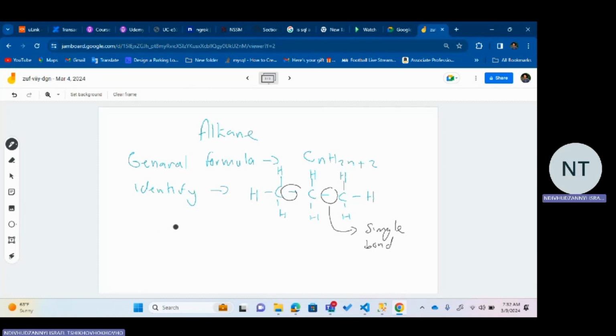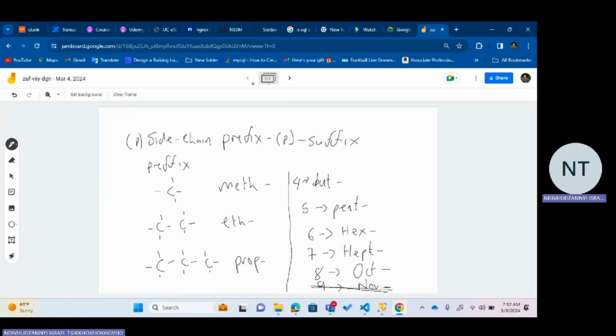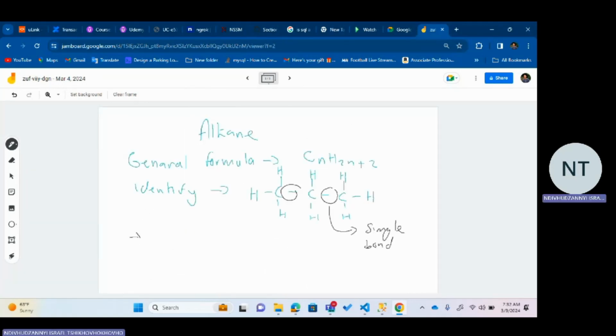That's how you identify one. Then the suffix now, you see from the naming convention that you have prefix, then position, then suffix. So the suffix for alkane will be ane, right? You get it from the name. I hope we're on the same page, right?